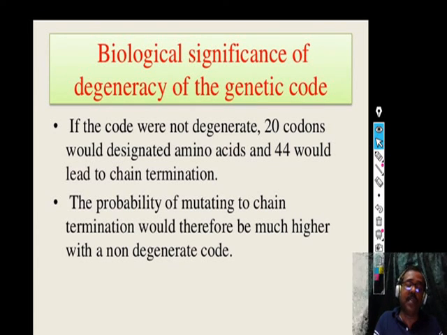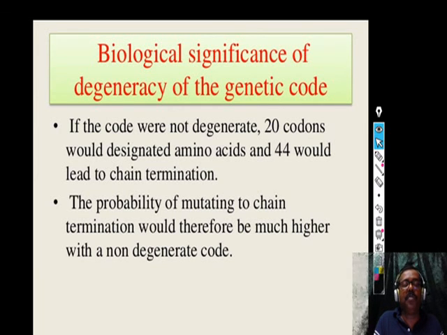This leads to faulty protein synthesis, which is what we call mutation, and these proteins will not serve the purpose, that is, they cannot work properly.